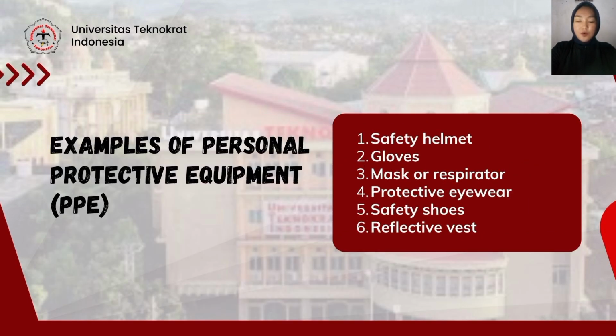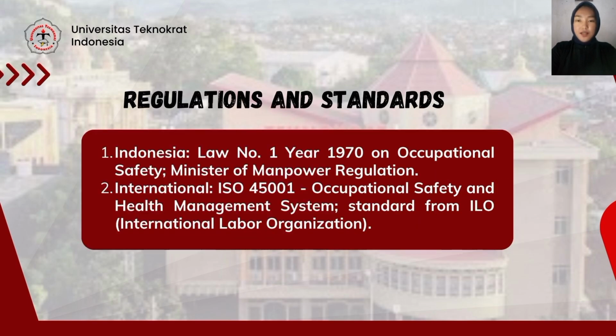Examples of personal protective equipment, PPE. 1. Safety helmet. 2. Gloves. 3. Mask or respirator. 4. Protective eyewear. 5. Safety shoes. 6. Reflective vest. Regulations and standards. 1.